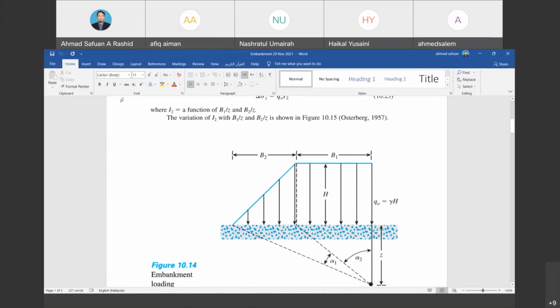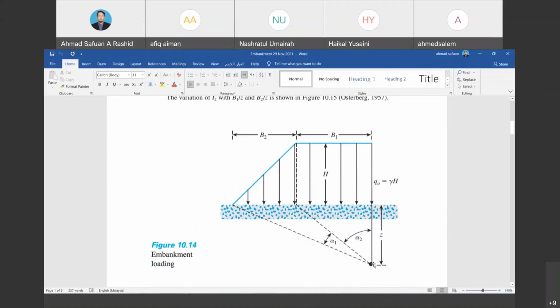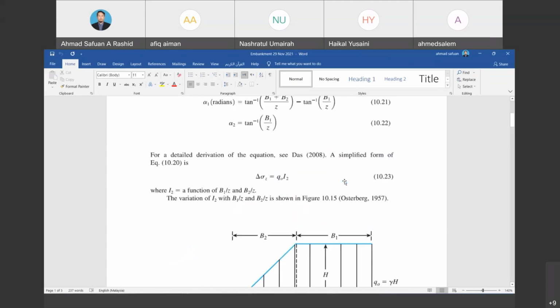We want to determine the stress at a certain depth of Z. Later on, when we obtain the value, we should multiply it by 2, by imagining both widths are similar. That is why we can dissect or cut the area into 2. Then we multiply by 2 to get the actual load or stress.